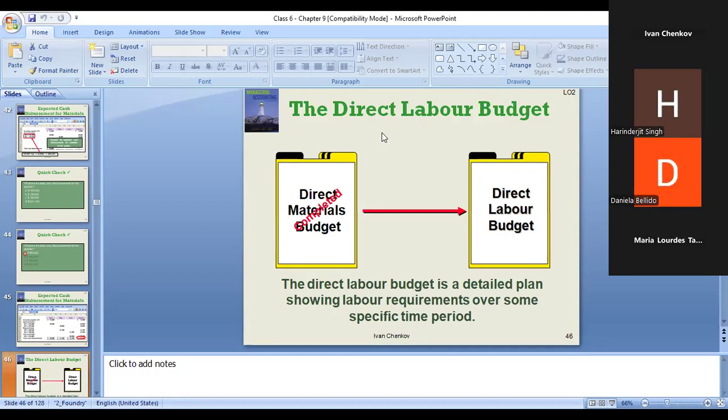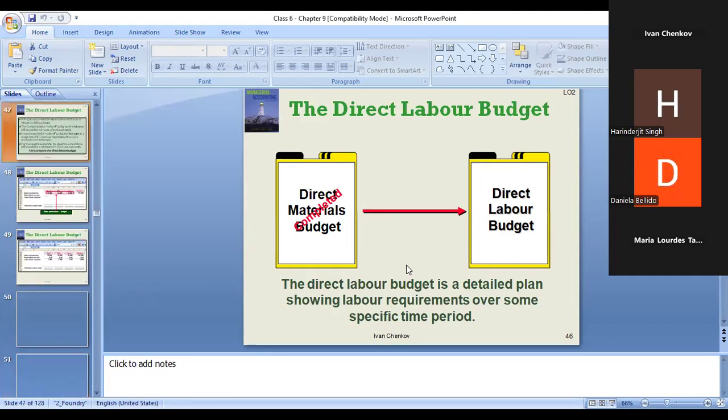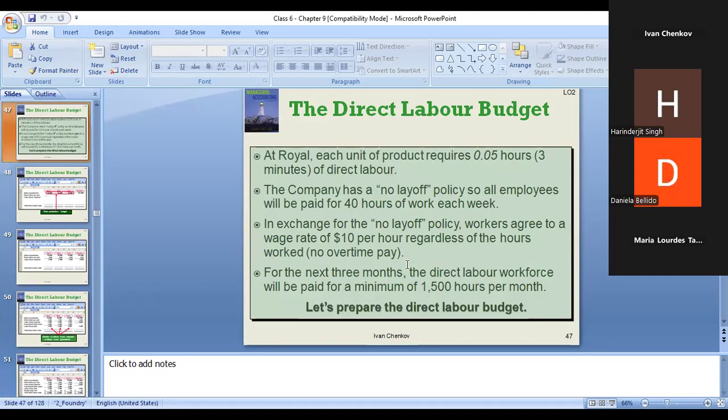So the next budget on the line is direct labor and manufacturing overhead in order to complete the products. For direct labor, we're going to have some additional information, which is going to show us that this company, in order to produce each unit, needs 3 minutes or 0.05 hours.